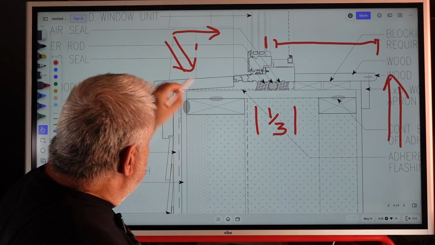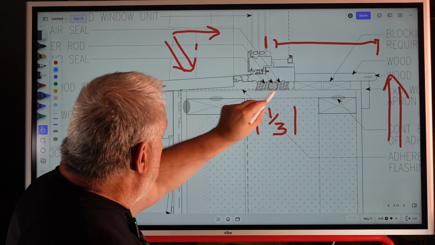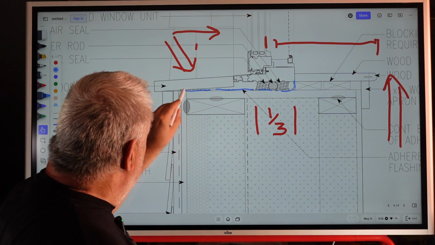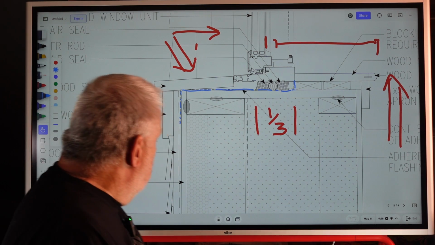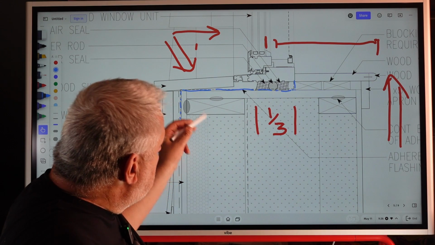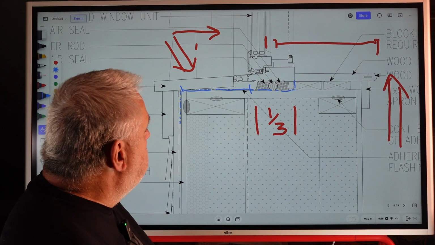It exposes more sill, right? So now you can see my membrane goes all the way out there and covers over. And that membrane now has a lot more exposure.